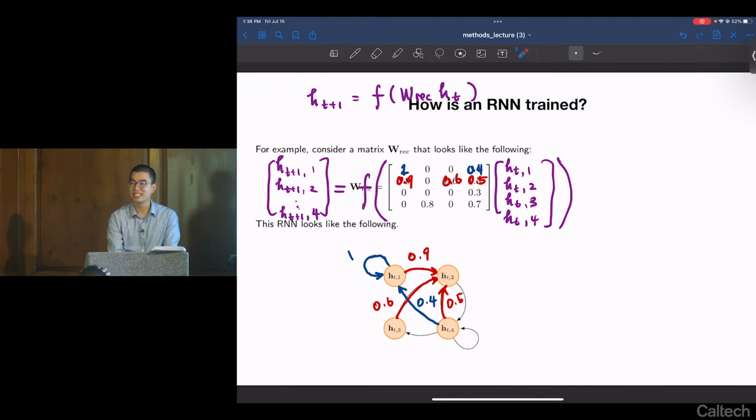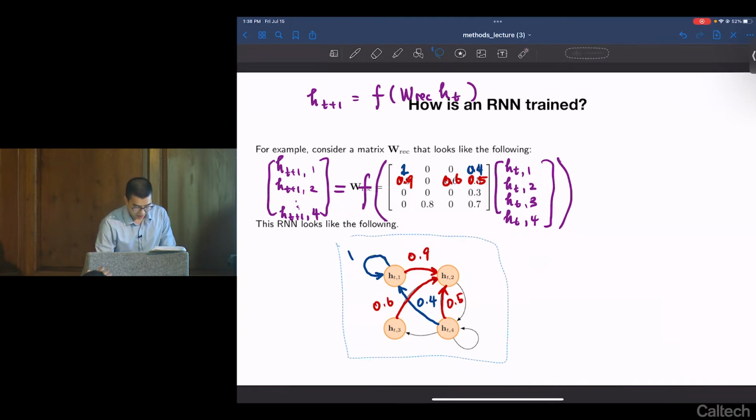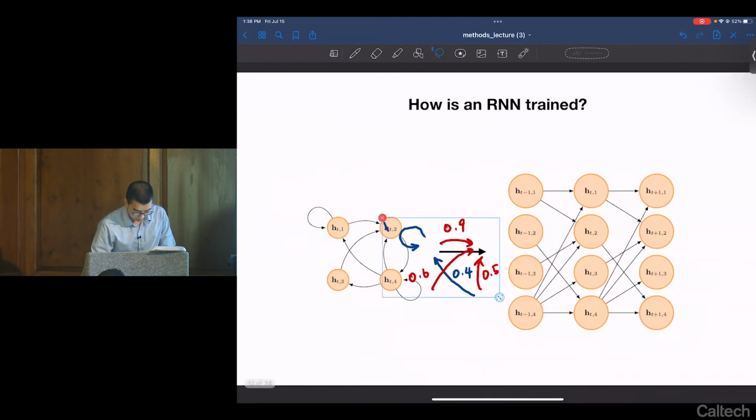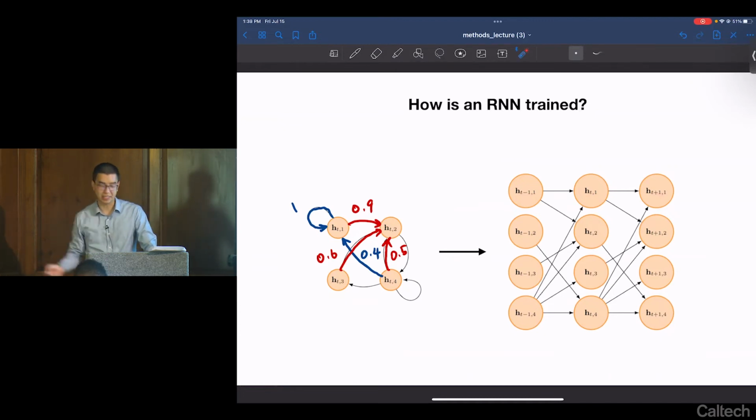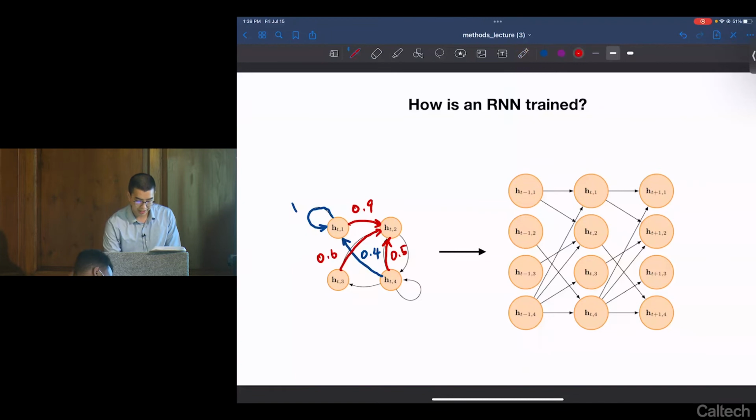All right, any other questions here? Okay, so let me show you then how we unravel this in time. Let me just copy and paste this so I don't have to draw it again. This act of unraveling in time means that we take the first neuron's activity and we write nodes for its value at time t-1, t+1, t+2, all the way up until time big T. And now every single one of these weights is going to be the same value as this weight, which tells me how neuron 1 updates itself through time.